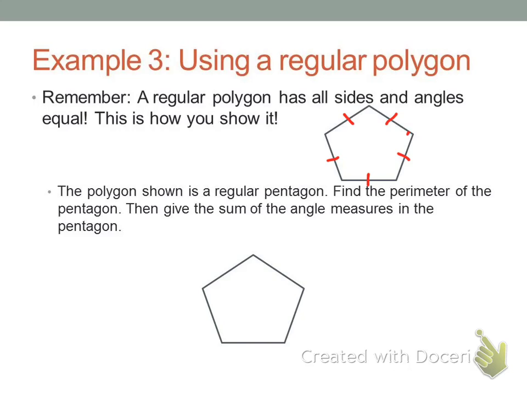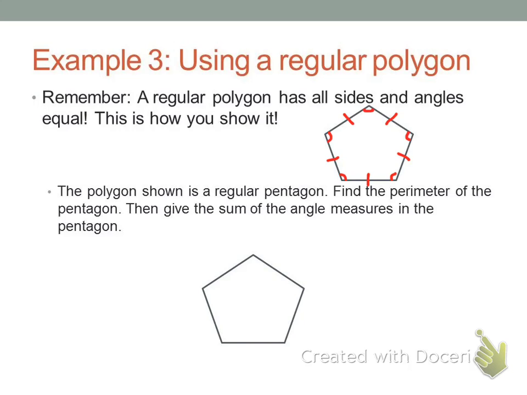And then you'll see a little curved line in each of the angles to show that each of the angles are equal. Now, with your polygons, if it is a regular quadrilateral, the sum of the interior angles is always going to be 360. If it's a regular pentagon, the sum of interior angles will always be 540. So there's a pattern to it. You know what the sum of the angles will be if it's regular.